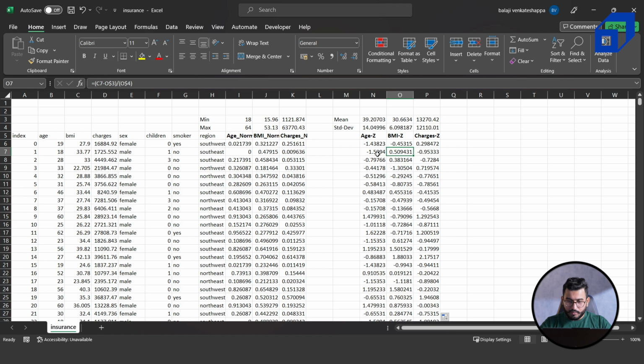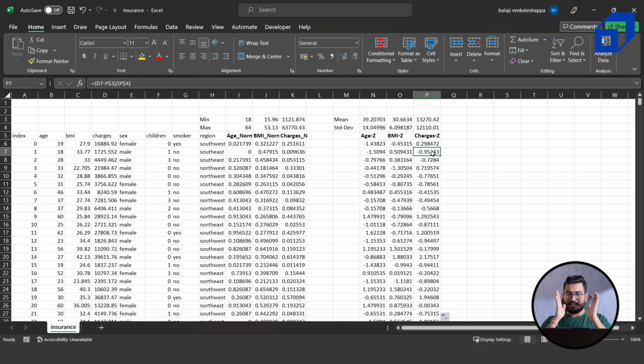Then -1.5 is the age, which basically means from 0, the person is 1.5 standard deviation below the mean. Then -0.9 charges. From the mean, the person is 0.9 standard deviation below the mean. So this person is having normal BMI because the value is close to 0, very low age, and very low charges because both the values are on the negative side.